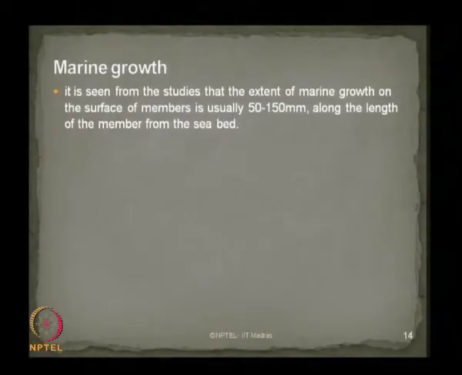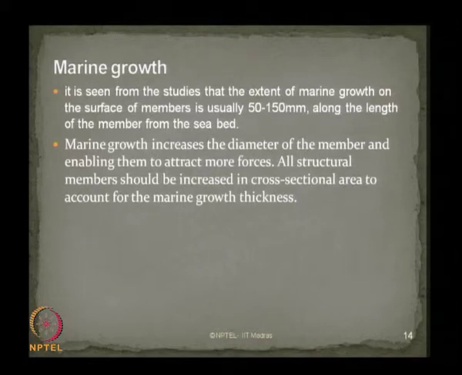Studies show that the extent of this growth on the surface of the members is usually about 50 millimeter, and can be as thick as 150 millimeter, which gets deposited along the periphery of the member.